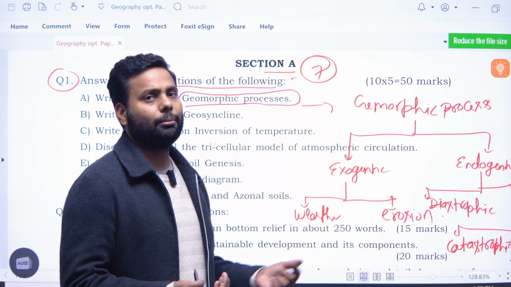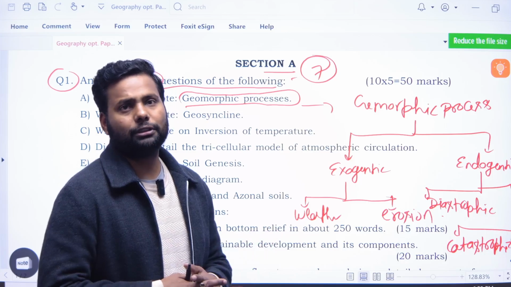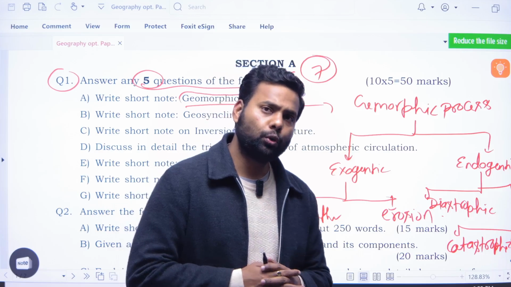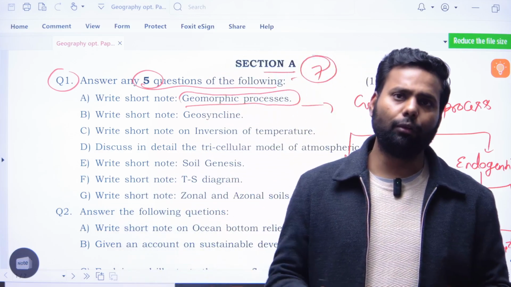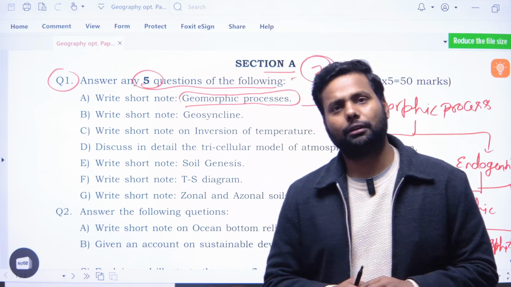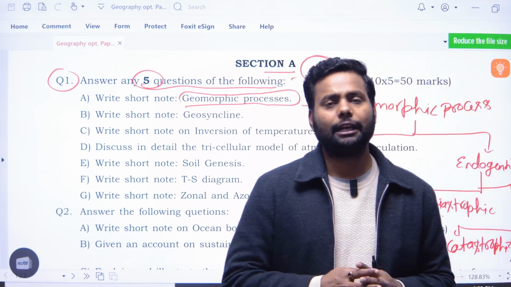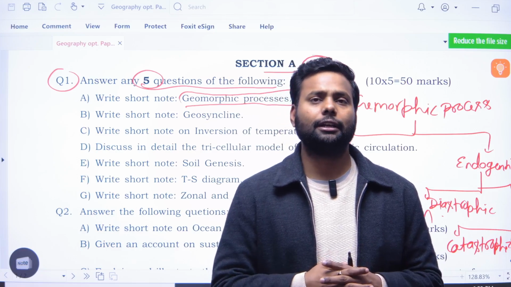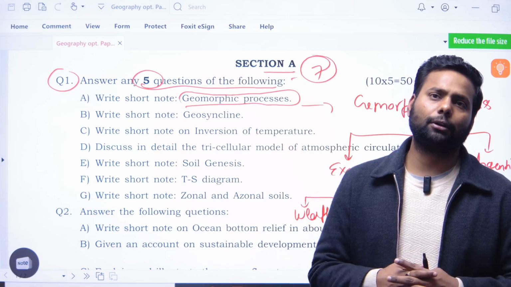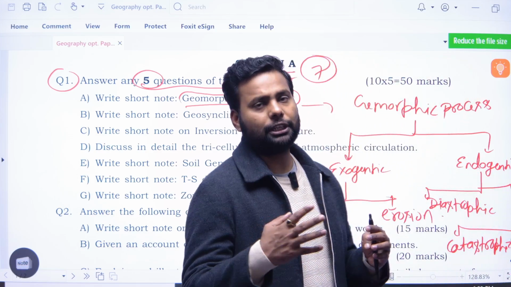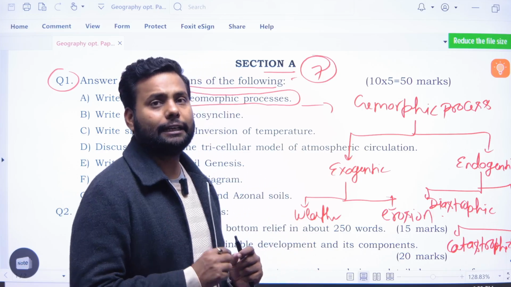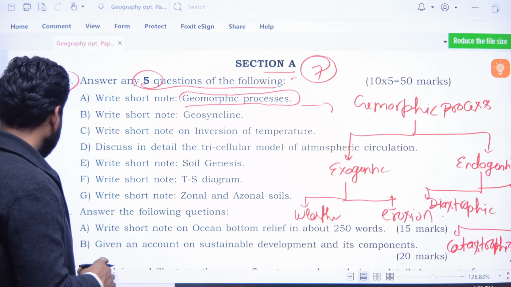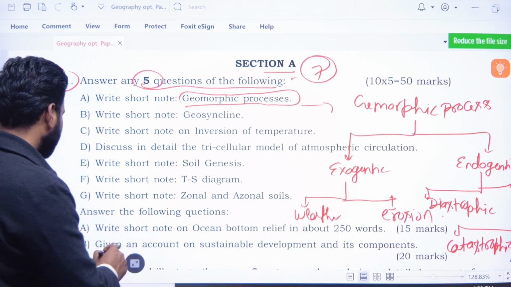Exogenetic processes are commonly known as denudational processes, further divided into weathering and erosion. Weathering is an immobile process where rocks are broken and transportation is absent, and erosion is a process where transportation and mobility are involved. You have to write about this in a very short manner.